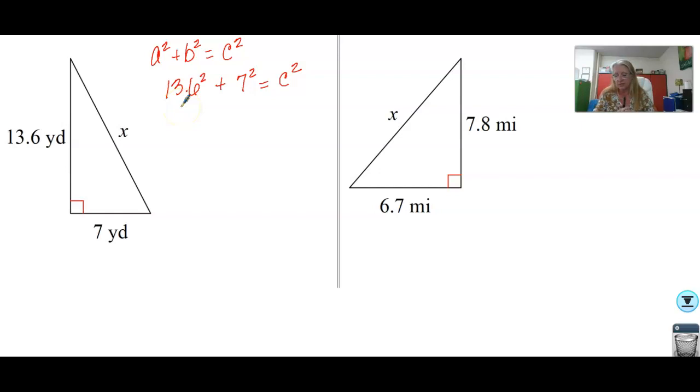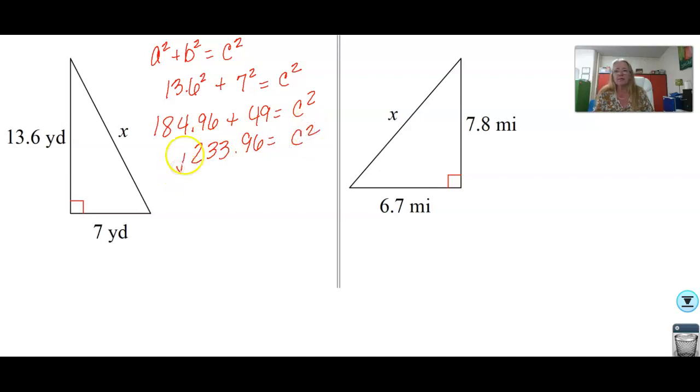You can either hit that square button or you can just go 13.6 times itself. This gives me 184.96. 7 squared is 49. Adding these two together, 233.96 equals c squared.